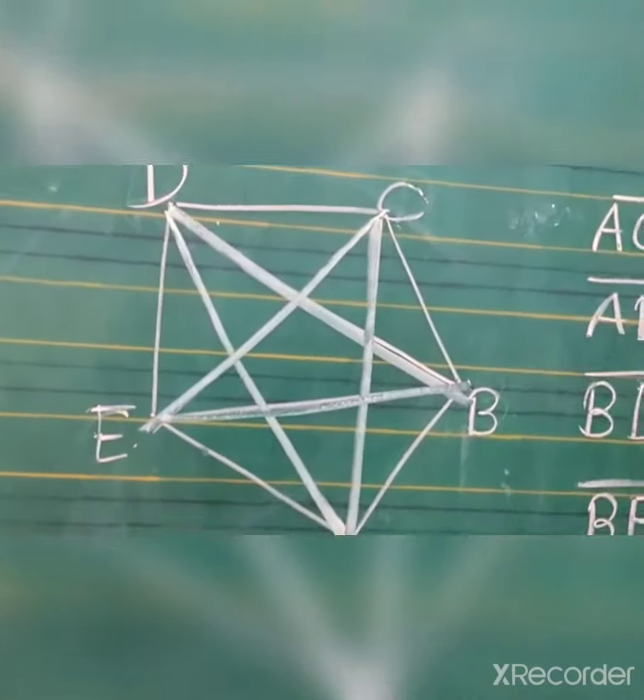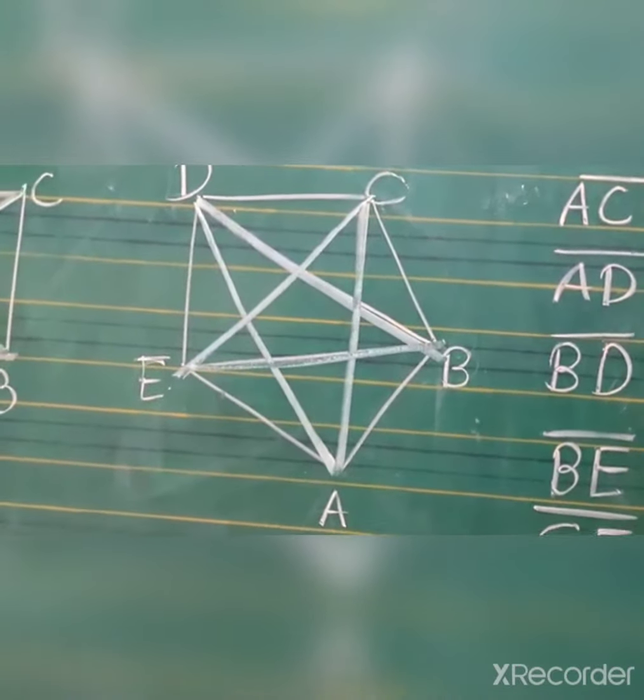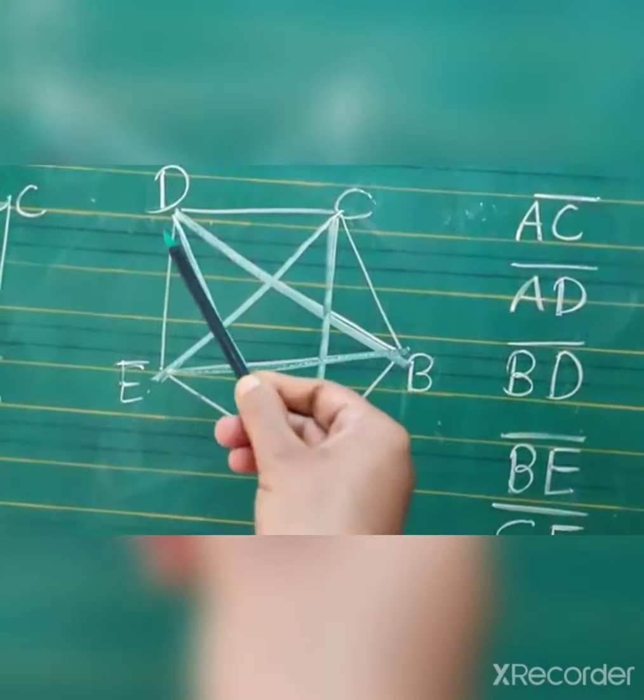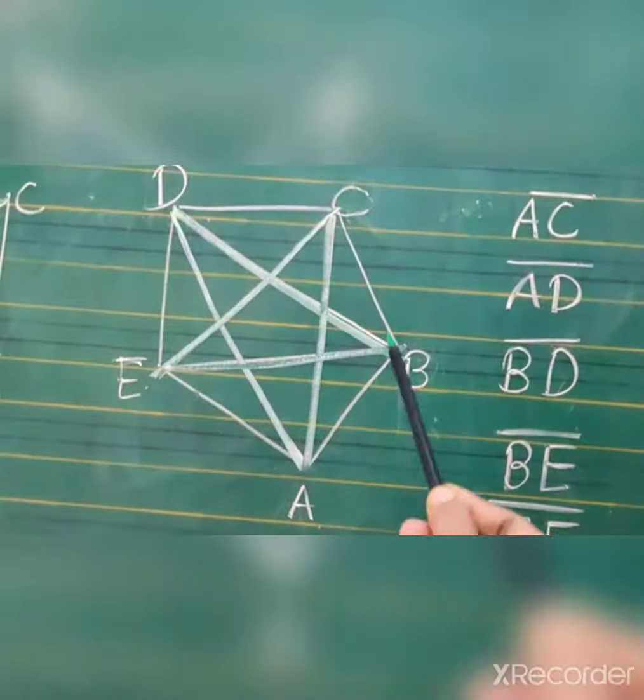Now here also you can see a closed figure. The name of the polygon is pentagon.